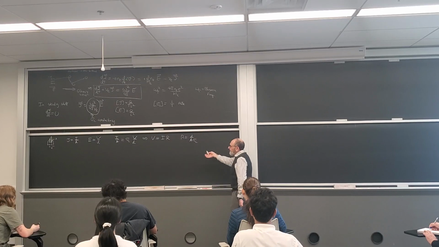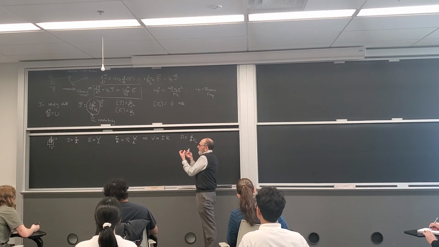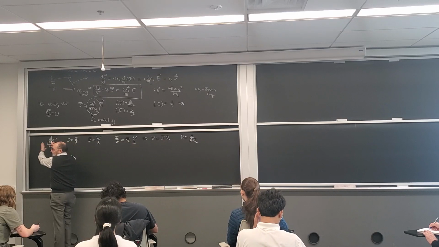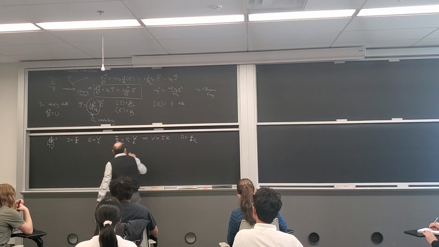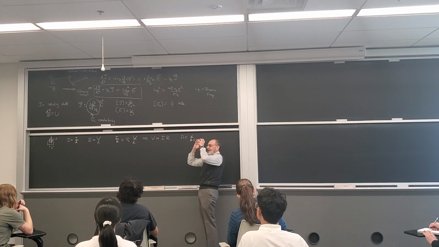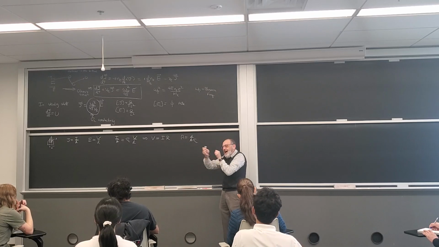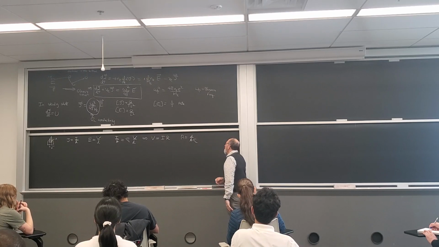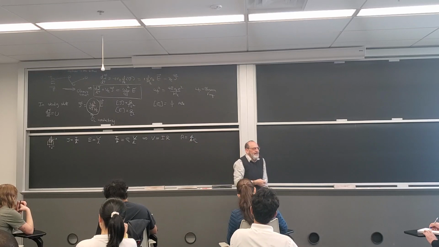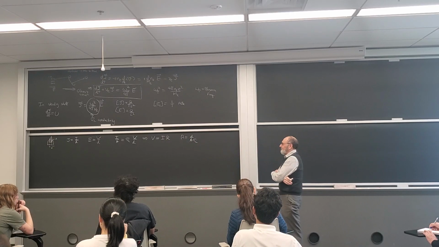Now, resistance is a bulk property. It's not a property of just the material itself, but the geometry. So it has things like how thick is this resistor and how long is that resistor. But just out of curiosity, what are the units of resistance in CGS?